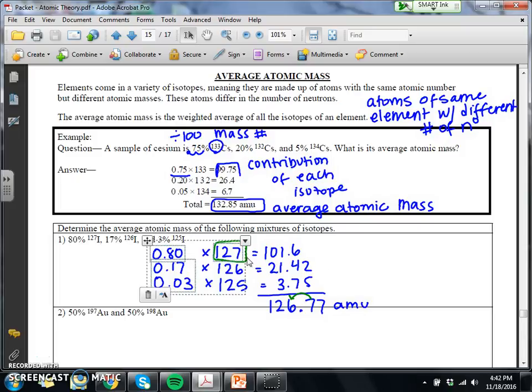If my iodine-126 had a higher percentage, it would be much closer to that. So whichever isotope has a higher percentage, the average atomic mass will be closest to it.